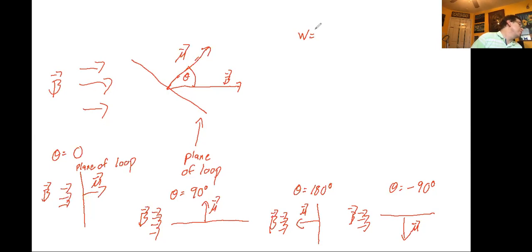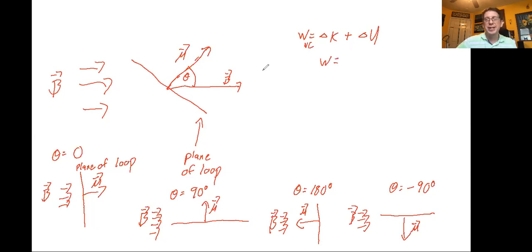And we're assuming the work is done by an external force. And so the work done is equal to delta K plus delta U. So an external non-conservative force. We're not told anything about the motion, so we're just going to assume no change in speed or anything like that.